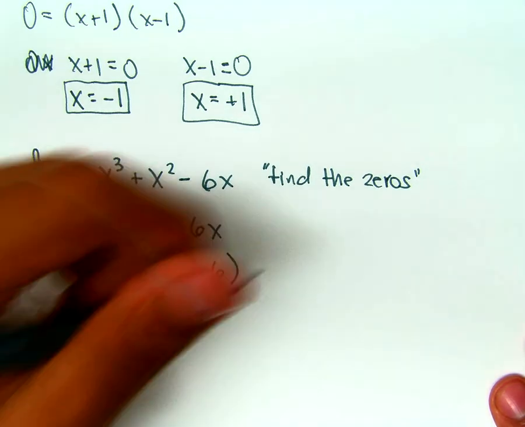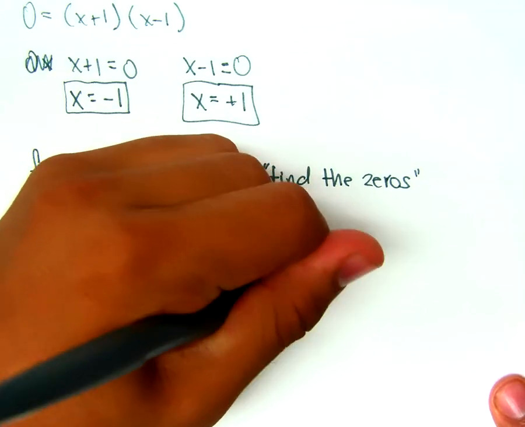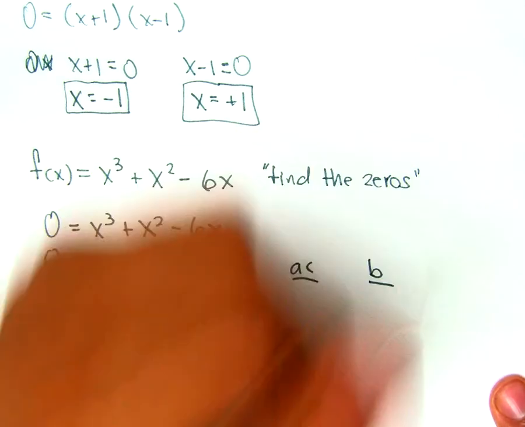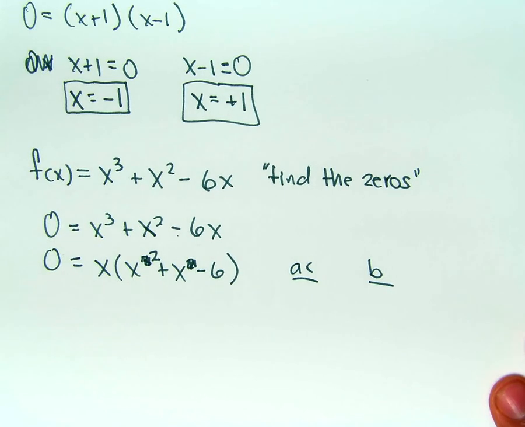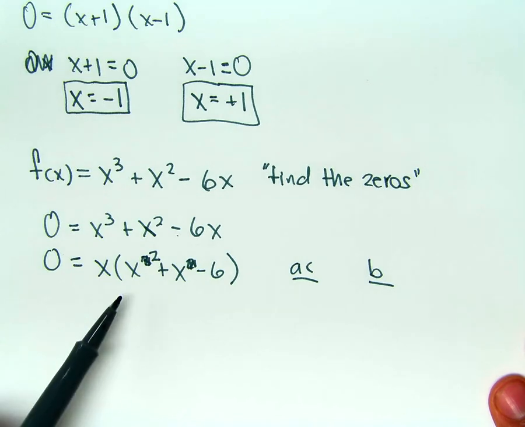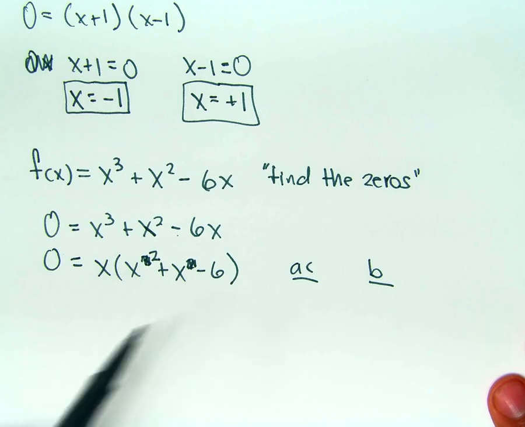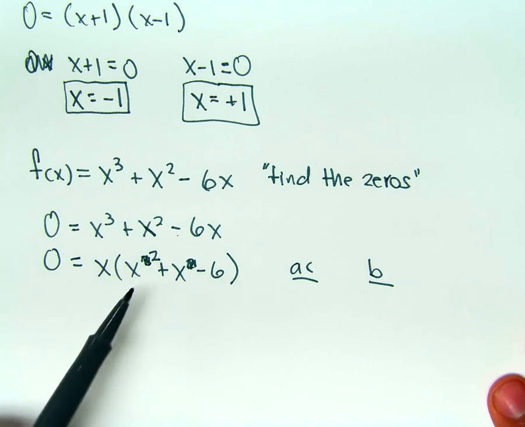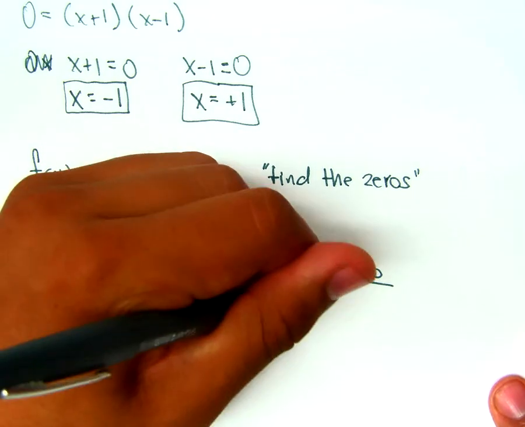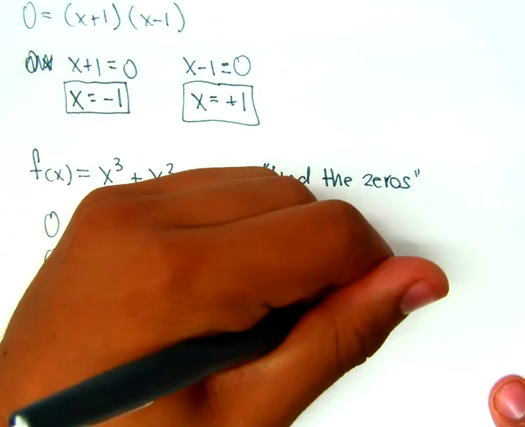Alright, so are we going to be able to use the shortcut? Yes. Why would we be able to use the shortcut? Yeah, so the leading coefficient of x squared is positive 1. So what's AC in this example? Negative 6. What's our B? 1.